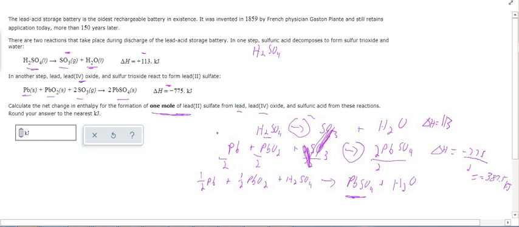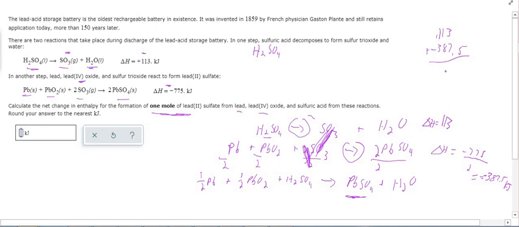So to calculate the net change in enthalpy, I would add this minus 387.5, that's my new value, plus this 113. When I do that, I simply add those two together. So it's going to end up being 113 plus negative 387.5.